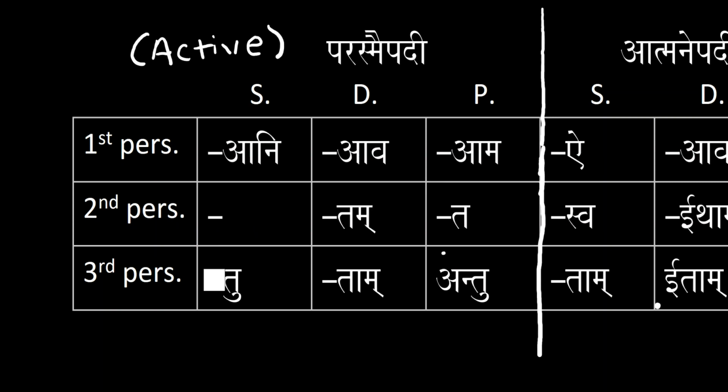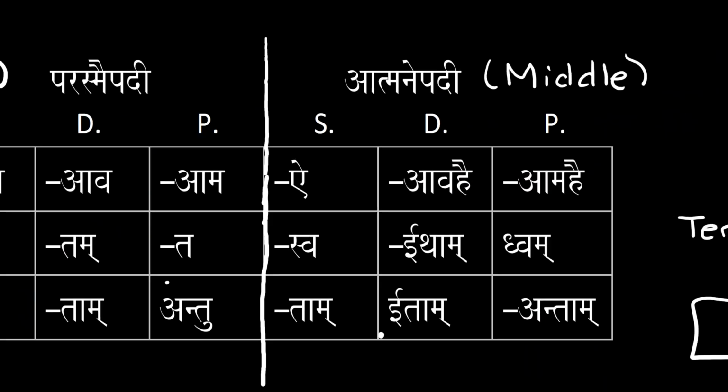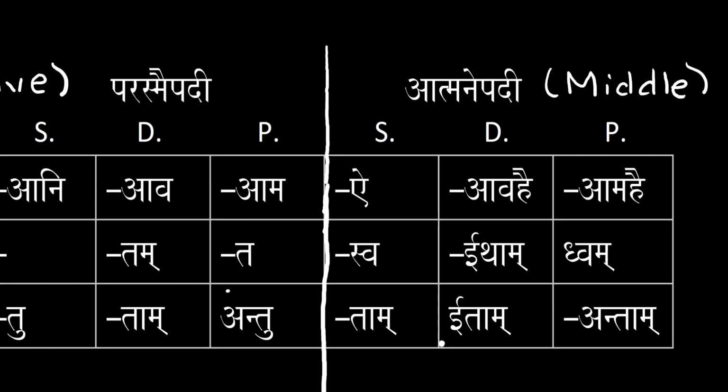And now going on to the Atmanepadi, middle voice type verbs, for third person, singular, dual, and plural, we have tam, itam, and antam. Then we have swa, itam, and dvam for second person, singular, dual, and plural.